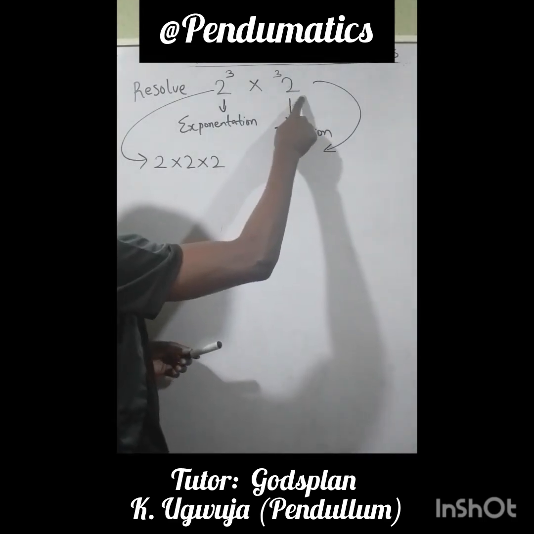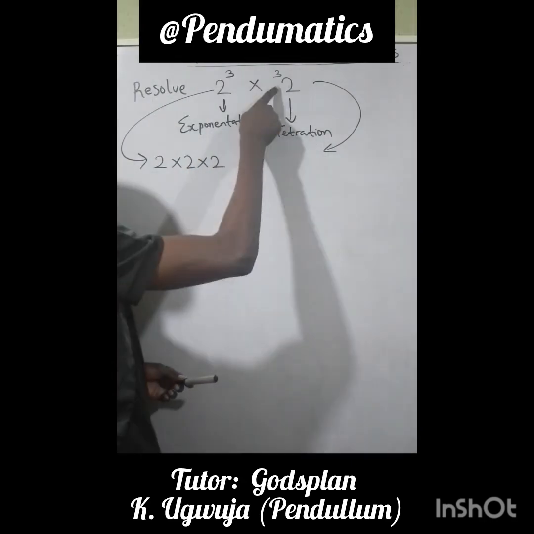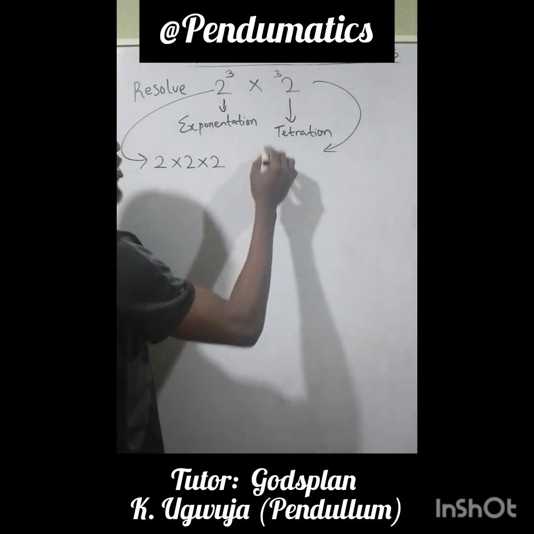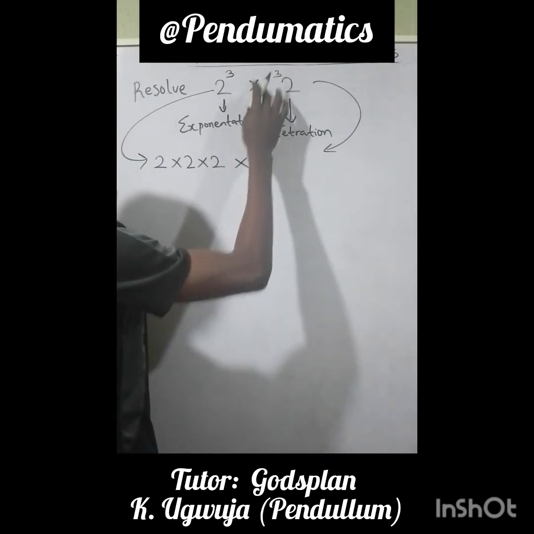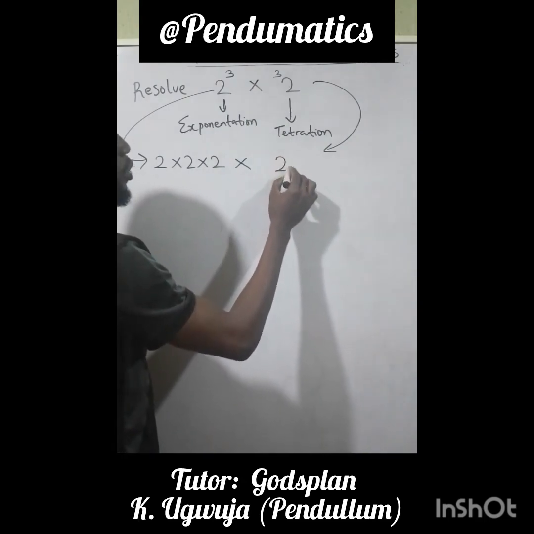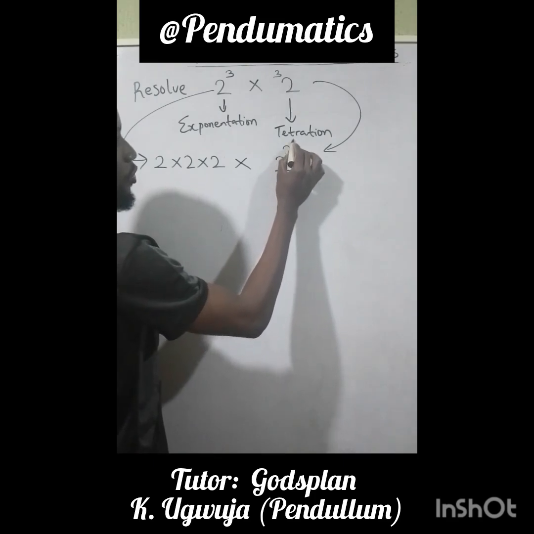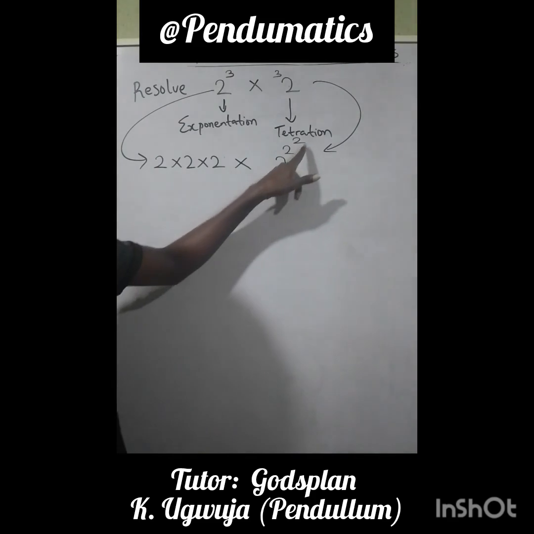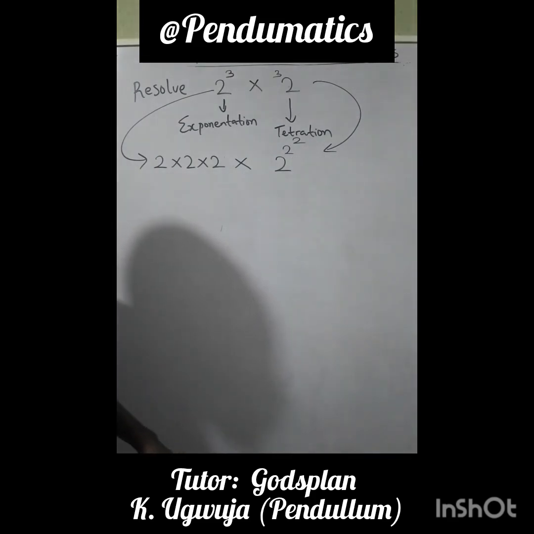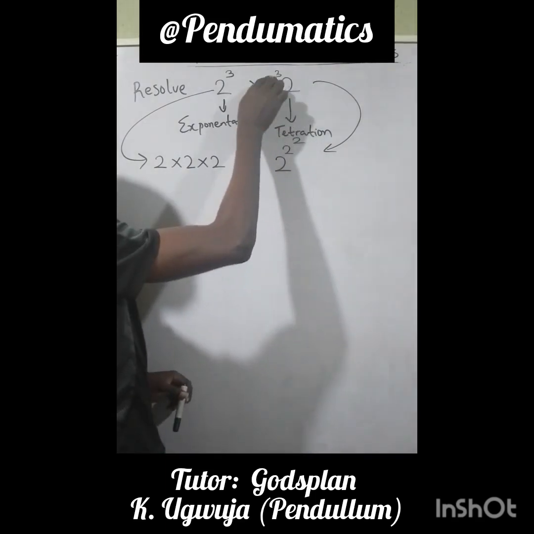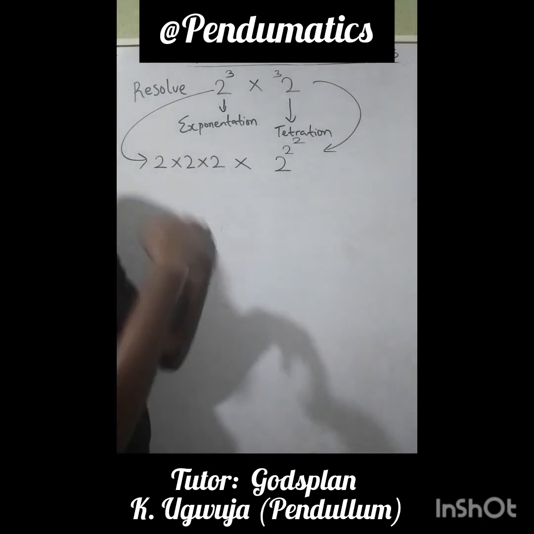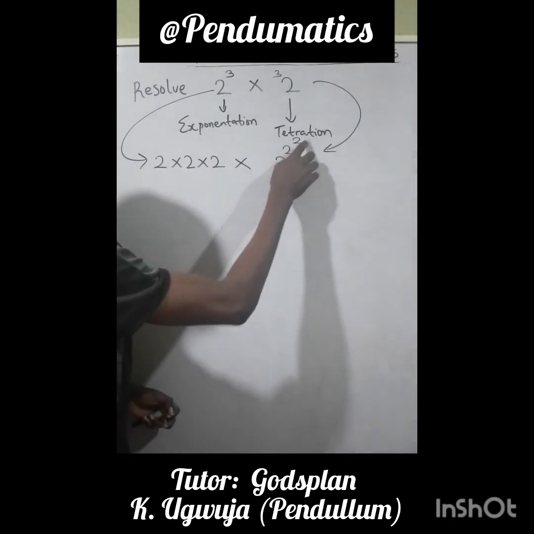So this is 2 being tetrated to the third power. This is going to be 2 raised to power 2 raised to power 2. This is what tetration means. You repeat the exponentiation. So 2 tetration 3 means 2 raised to power 2 raised to power 2: 1, 2, 3.